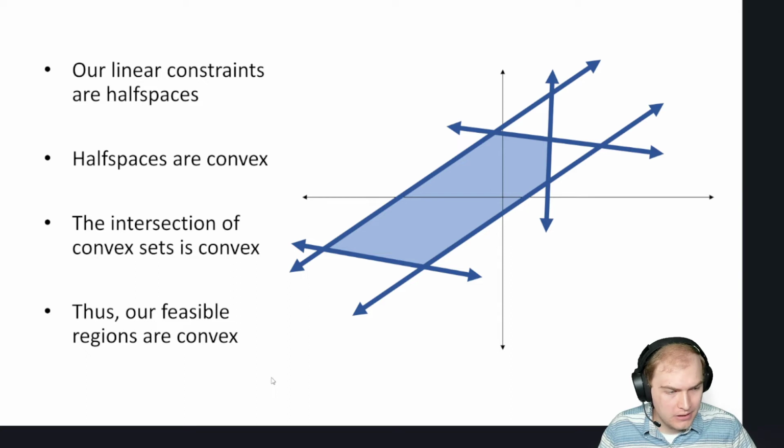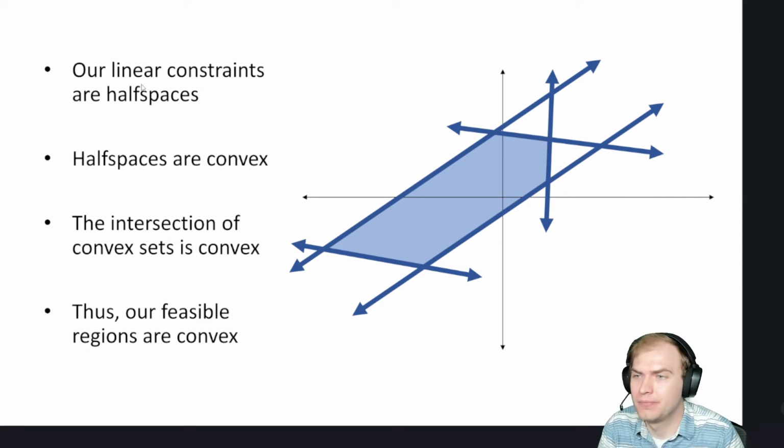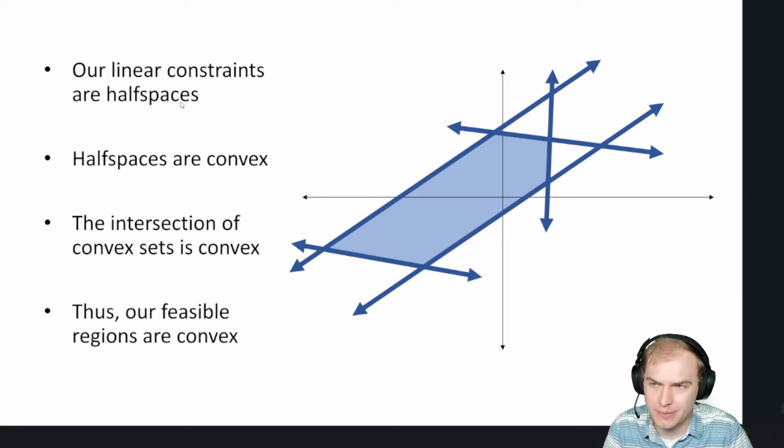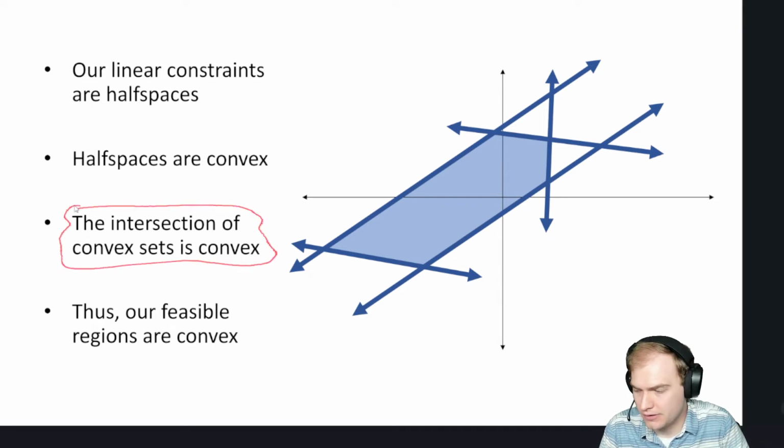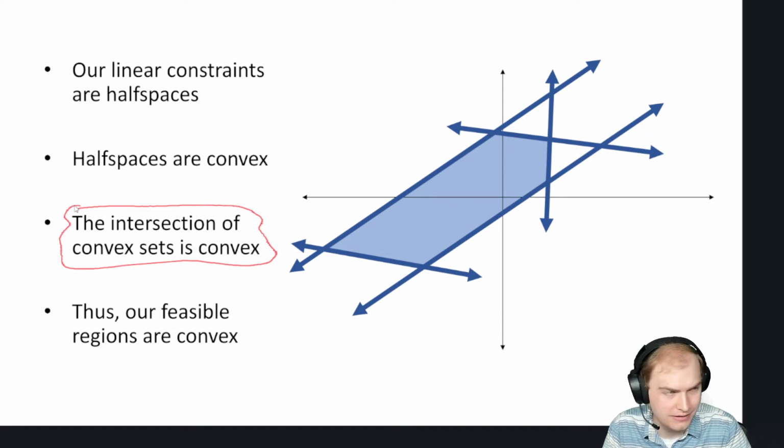So if we think about the models we've made, our linear programs, all of our linear constraints are half spaces, unless they're an equality constraint, in which case they're just a hyperplane. We've decided that half spaces are convex, and the book has a fun short proof for why the intersection of convex sets is itself convex.